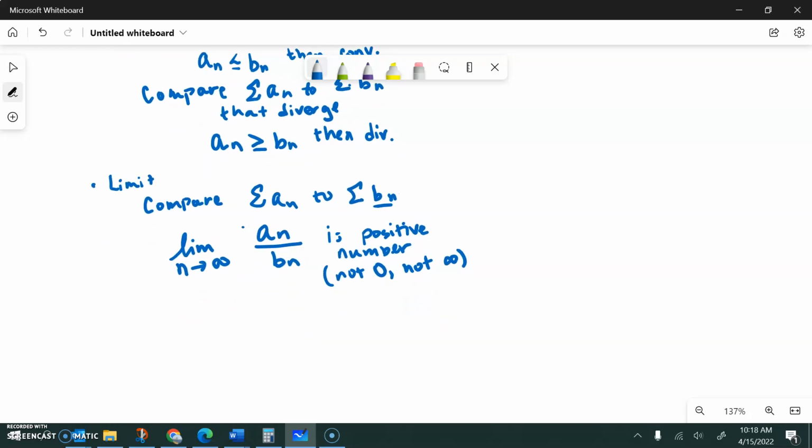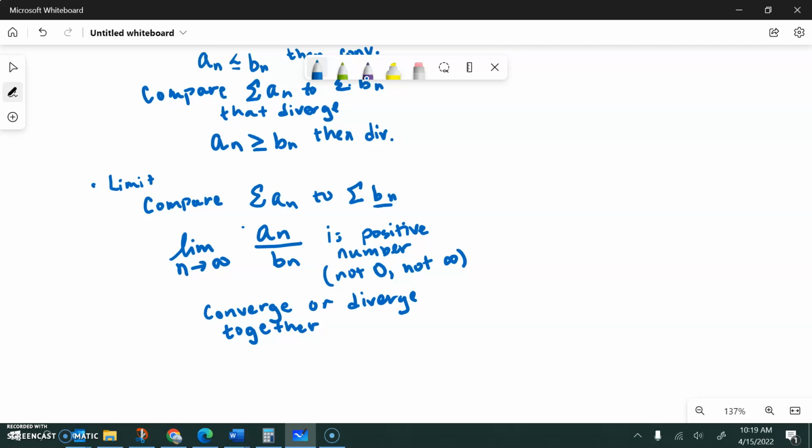The ratio of those terms as n goes out to infinity is just a multiple, like if A is just 2 times bigger than B, then we get a positive number and we say, okay, these two converge or diverge together. So we have to know the behavior of B sub n. But once we do that limit, A sub n will do the same thing as B sub n.